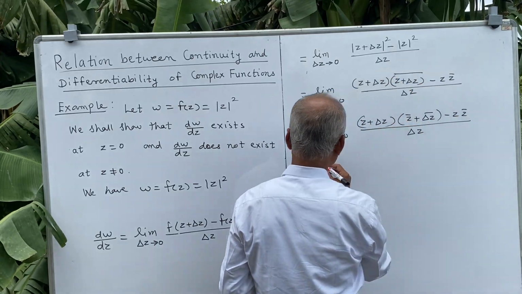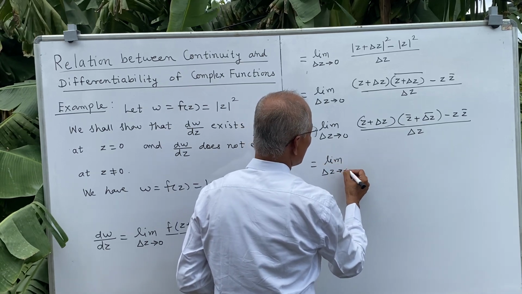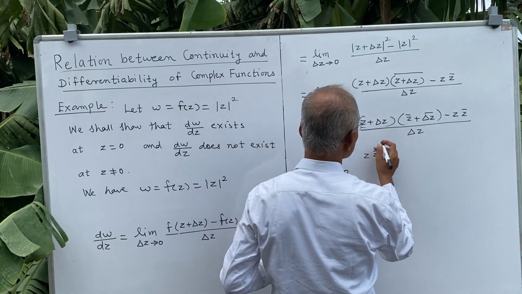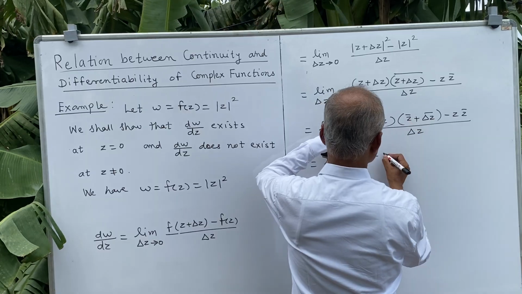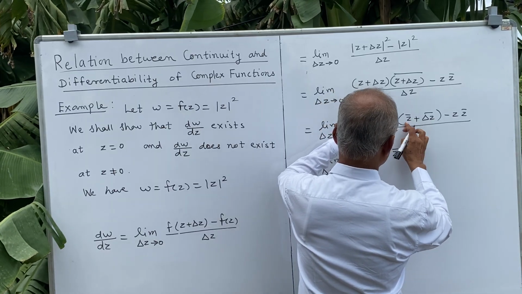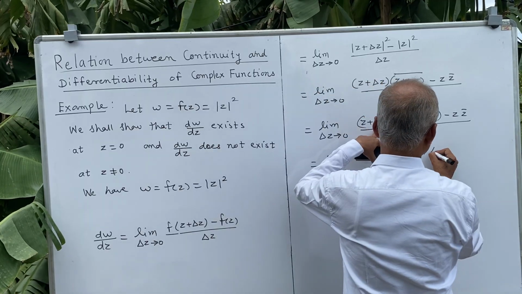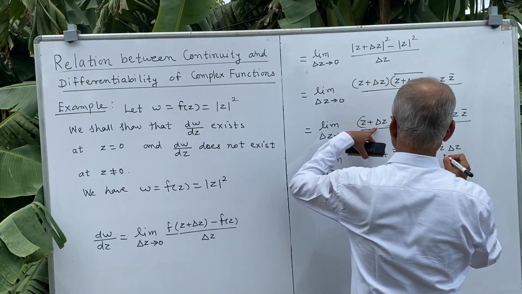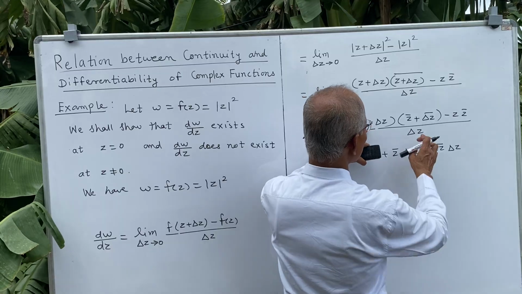Now we multiply. The product is z z bar, plus z bar into delta z, plus delta z bar into delta z, plus z into delta z bar.